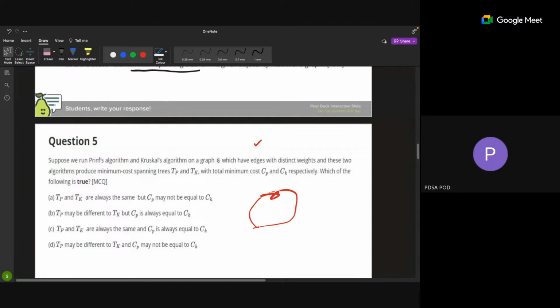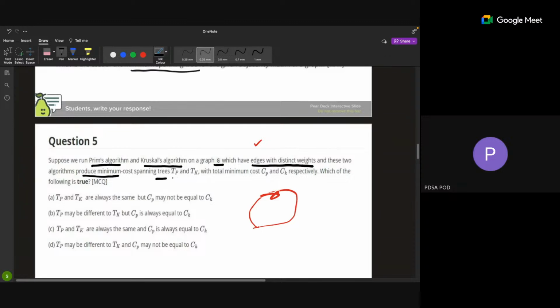Please remember that. Now, suppose we run Prim's algorithm and Kruskal's algorithm on a graph G with distinct weights. Luckily, they said it's distinct weights. Distinct weights means 1, 2, 3, 4, 5, 6, with no duplicate values. These two algorithms produce minimum cost spanning trees.